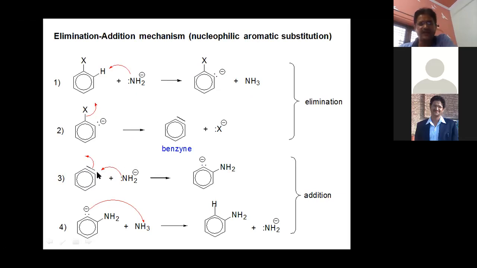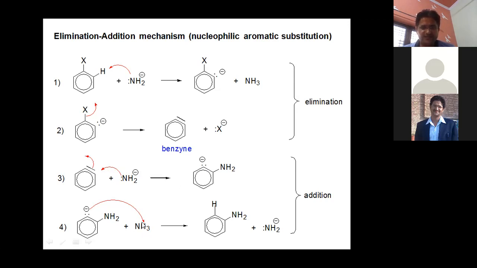And when it reacts with NH2 minus, there is an addition reaction. NH2 attaches at this point, because of the negative charge. So the negative charge converts into a sigma bond, and the negative charge comes at this point.